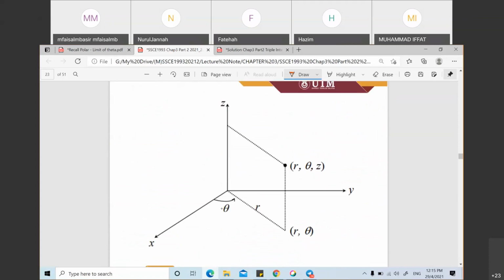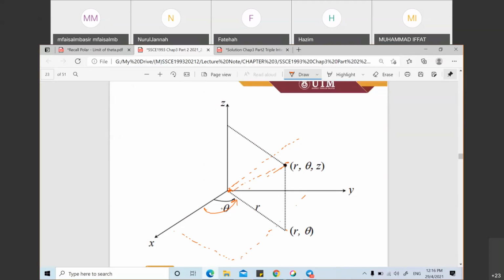So remember your theta moves from positive x. For 3D, here is positive and here is negative. This is your theta. Your r should start from origin to here. Here is no z because in this plane, this is r, theta, no z.